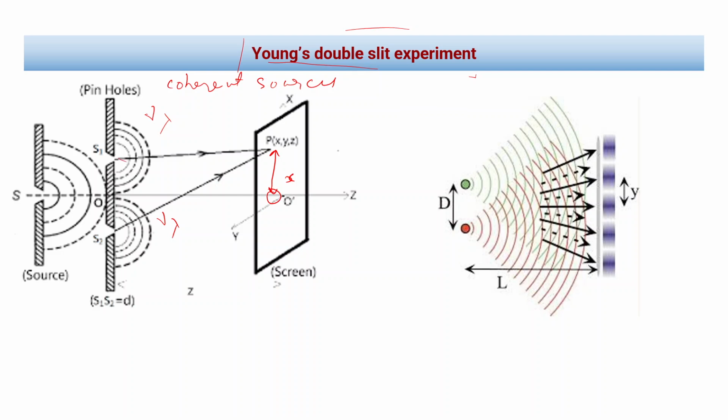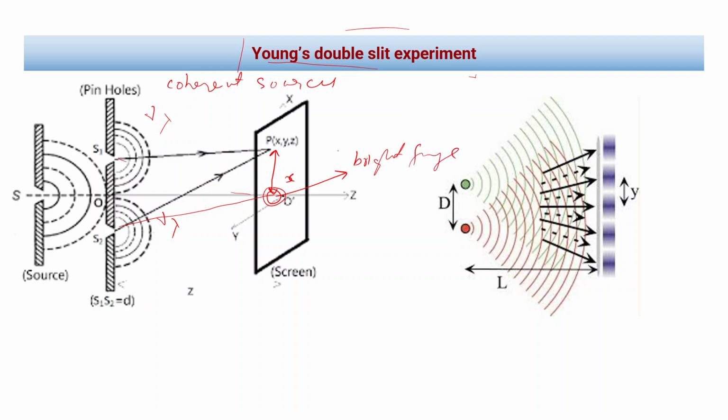At the center, the path traveled by the waves coming from these two sources will be the same. That's why the path difference between the two will be 0, so the phase difference also will be 0, and thus at the center we get a bright fringe.